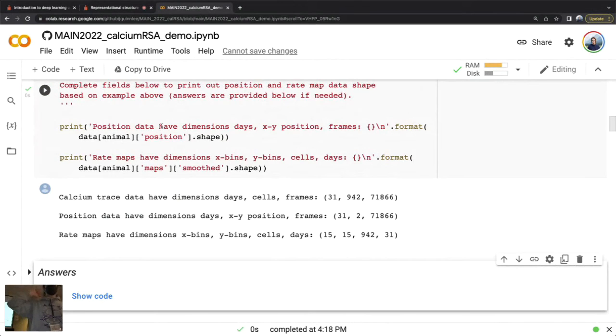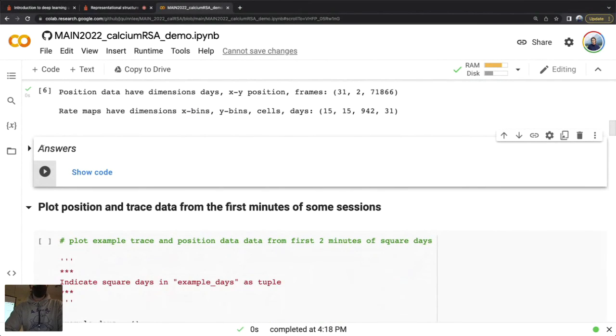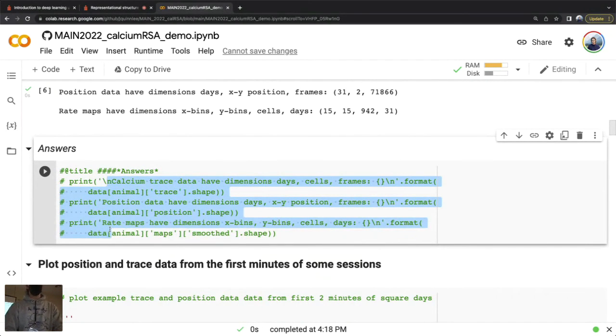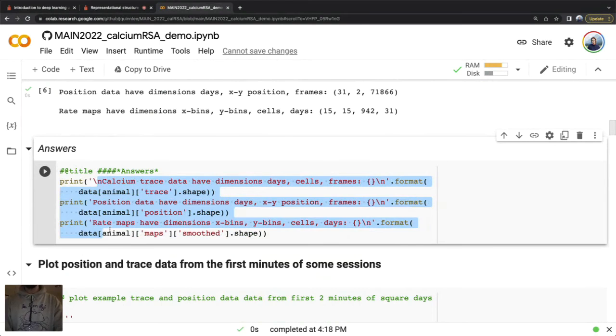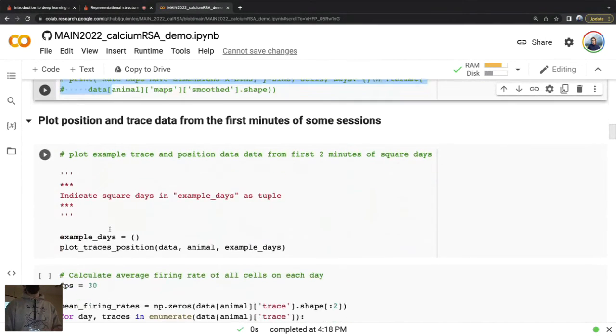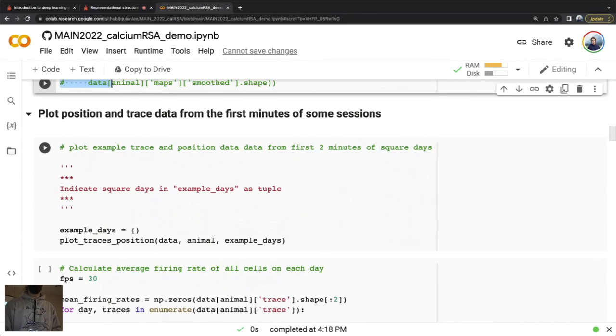This is miniscope data. Also, I have answers in here if you need to take a peek and want to quickly get through them. You could uncomment this with the handy hotkey for me on a Mac and run those kernels if you'd like.